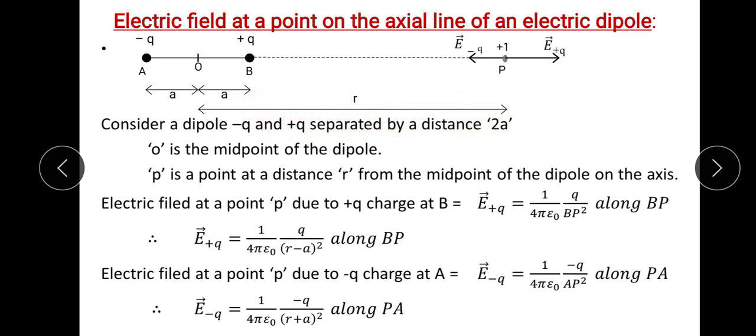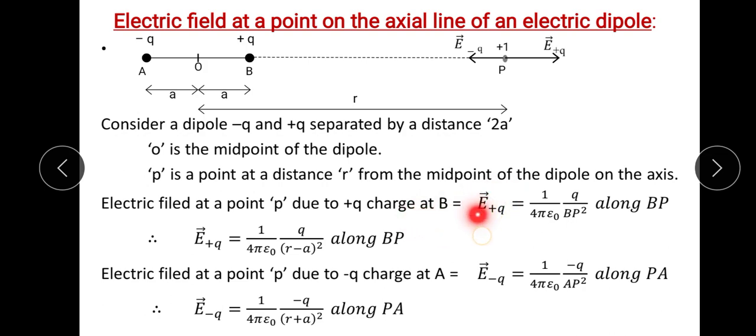Now let us find the electric field intensity at point P due to both the charges, plus q and minus q. So we have to find the electric field at point P due to both the charges plus q and minus q.